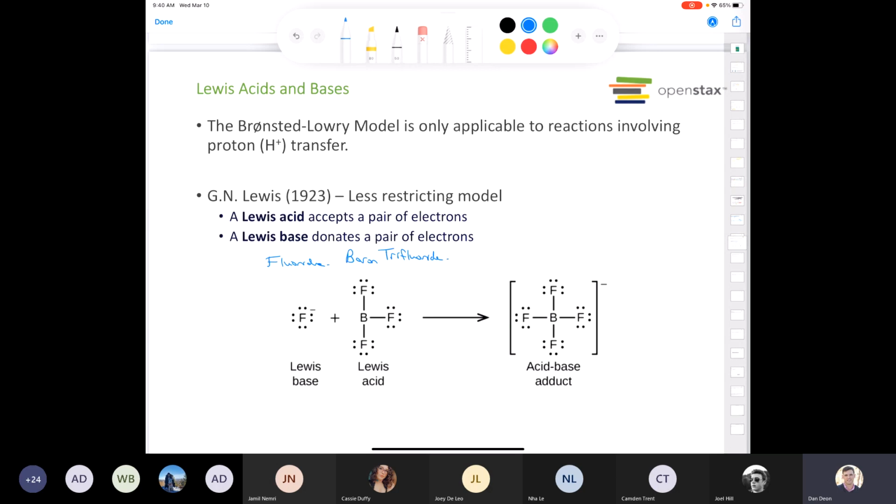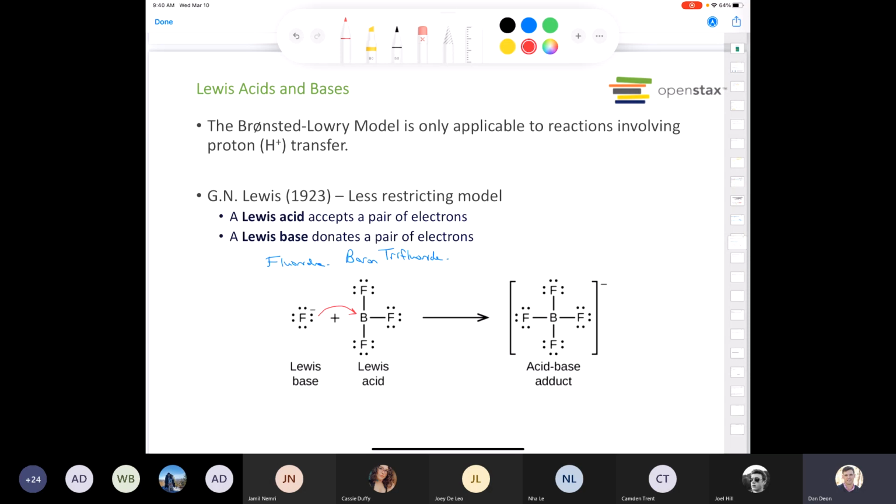And the reason why the Lewis base donates a pair of electrons and the Lewis acid, the boron trifluoride, accepts them is because boron is the fifth element in the periodic table. If you look at the electron configuration of boron, right, boron is a second period element. It's 1s2, 2s2, 2p1. So it can fill up the p orbital by taking on extra electrons.